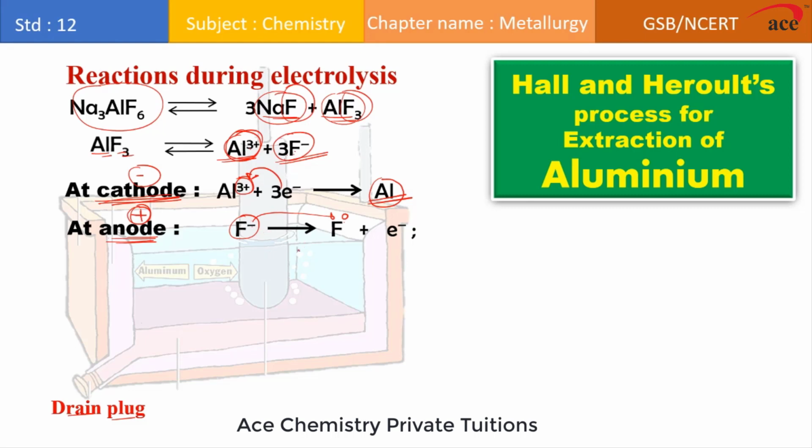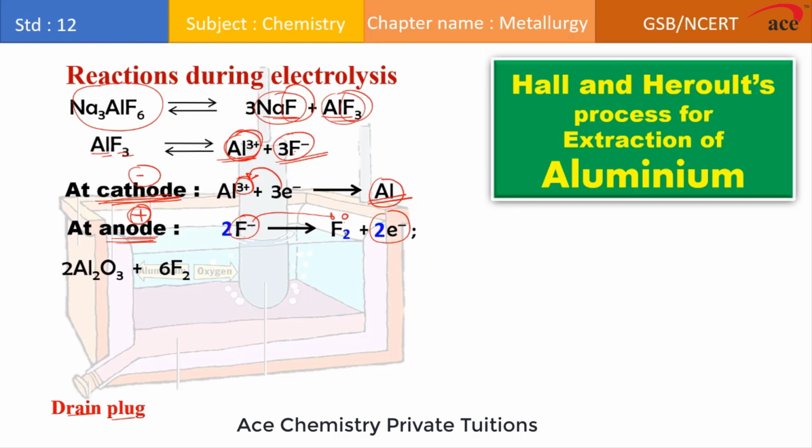This is completely oxidation. But fluorine is a halogen and all halogens are what? Diatomic. So one fluorine combines with another fluorine and forms fluorine gas. So overall there is a loss of what? 2 electrons.